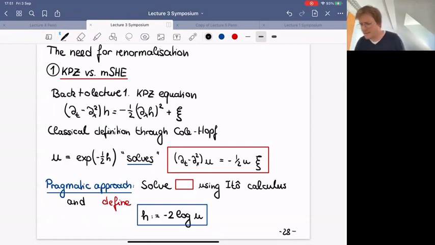So we had seen the KPZ equation, okay? And actually before the theory of regularity structures was around, there was already a well-established notion of solution for this thing. And this was actually just through this Cole-Hopf transform, right? And I had told you very briefly on the first slide that if you at least formally take this KPZ equation and you exponentiate it in this way, then the function u that you get actually solves this multiplicative stochastic heat equation.